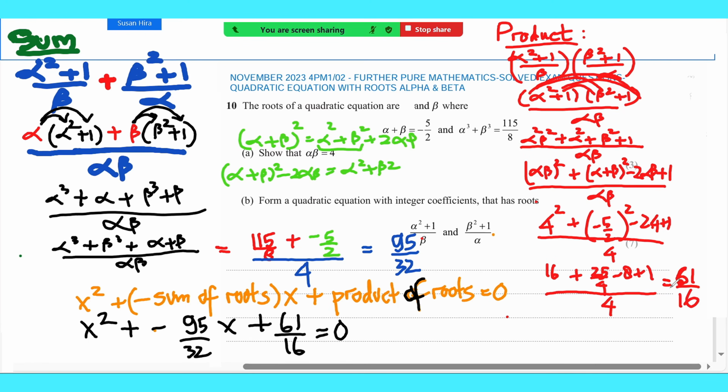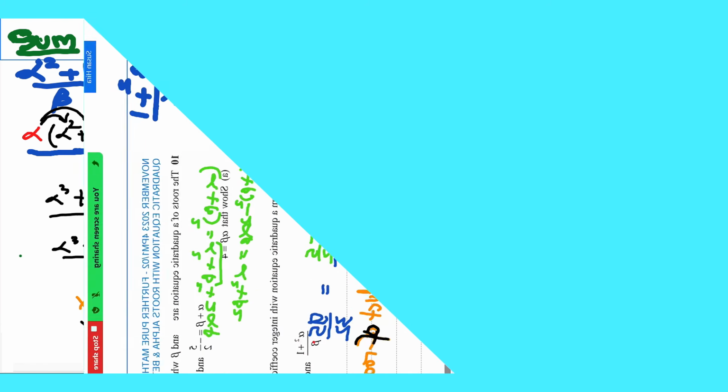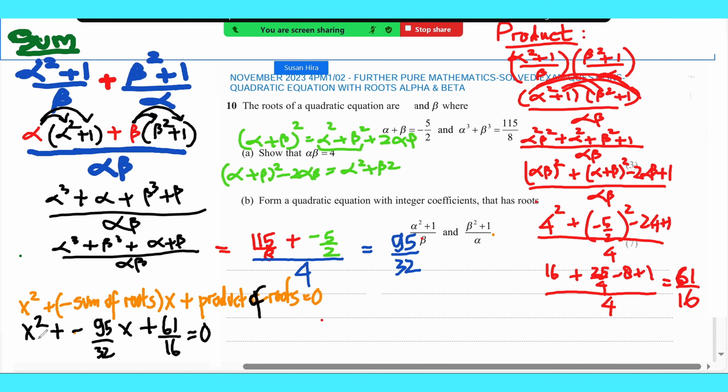Now we have to cancel out the denominators. To get that done, we multiply the whole equation by 32 to cancel out the 32 and 16. So we times 32 to each term here. 32 times x squared will be 32x squared. Now 32 times minus 95 over 32 cancels out, so we get minus 95x.